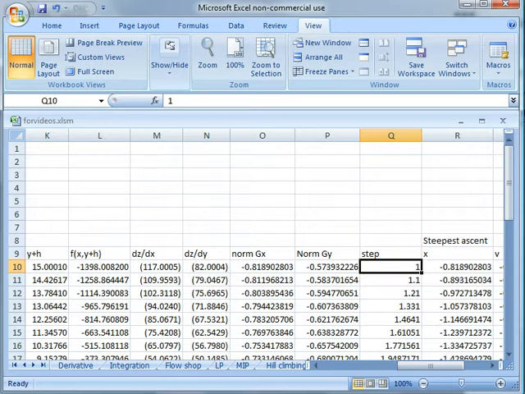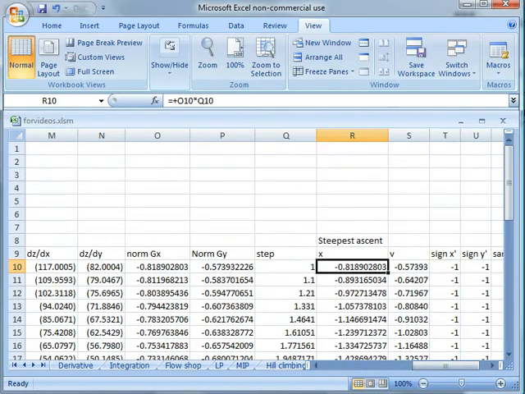And then we start with the step of 1, and we need to control the step in order to achieve the desired accuracy. I'm going to explain more about that in a moment. Then we identify the steepest ascent step that we're going to take, and that is depending on the step that we're taking, the normalized step.